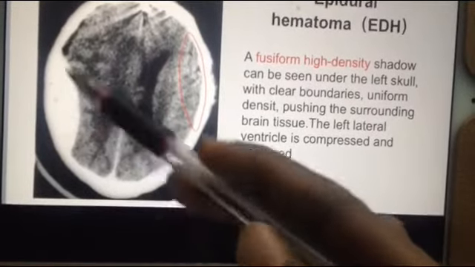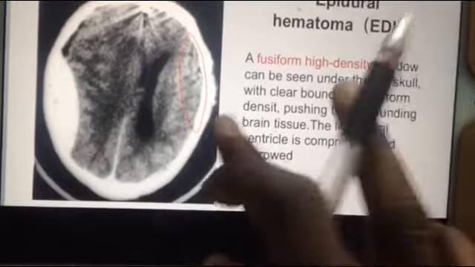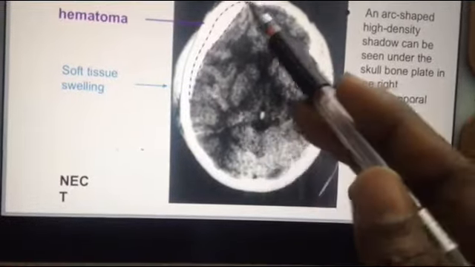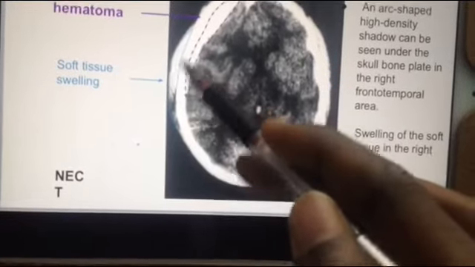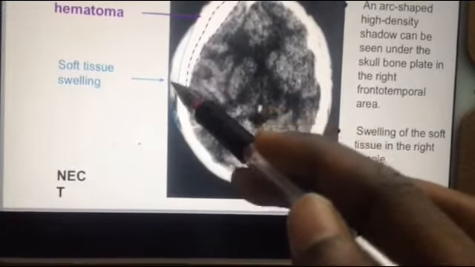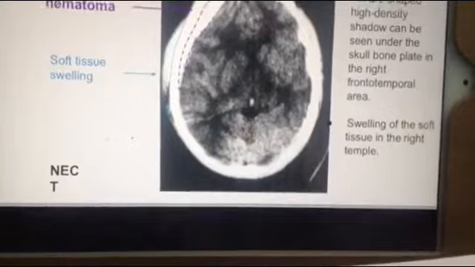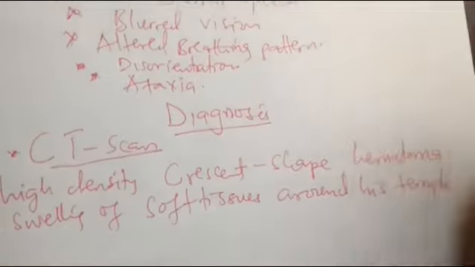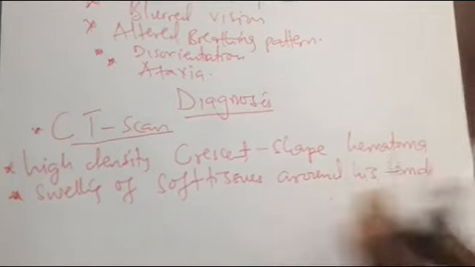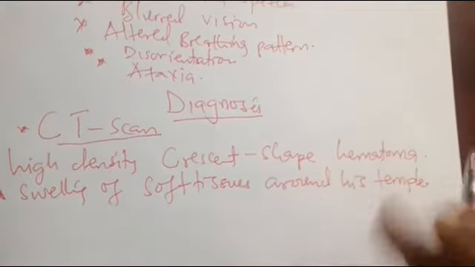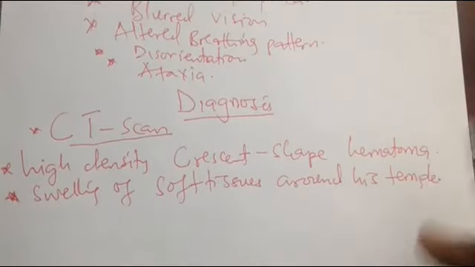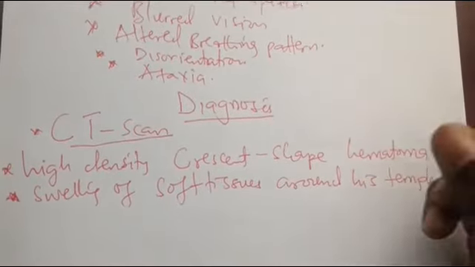So this is biconvex: this is epidural hematoma, while this is crescent shape, because there is no suture. This is the swelling of the soft tissue around the temple. This collection of the blood mostly occurs in the frontal and parietal areas, in most cases, or even in all cases.